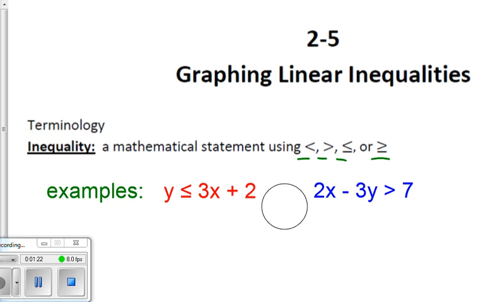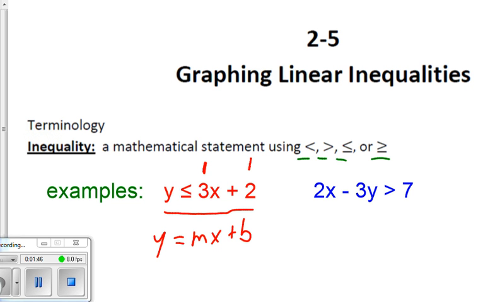So examples of what a linear inequality looks like would be something like y is less than or equal to 3x plus 2. Notice how it still has the y equals mx plus b form. In this case our slope, our m, is the 3.